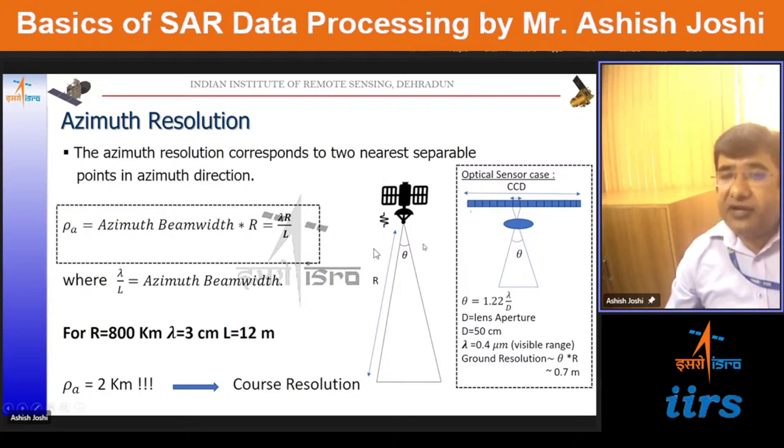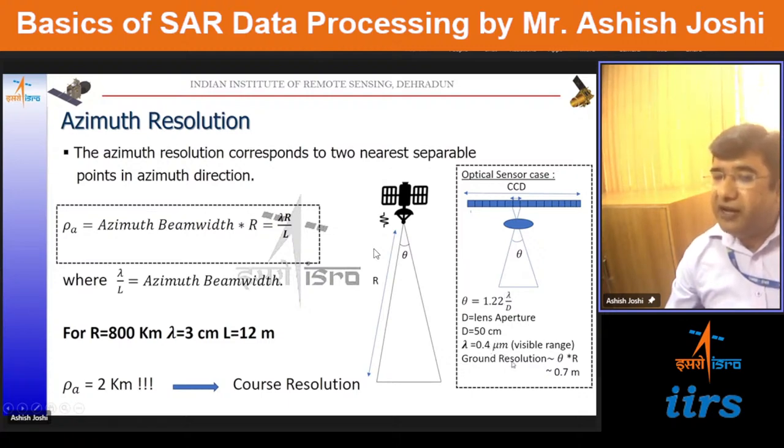But with the same configuration in the optical, we can actually get a better resolution. In the optical, theta is given by 1.22 lambda by d, where we use a lens, and lambda is in the visible region, in the micrometer range.